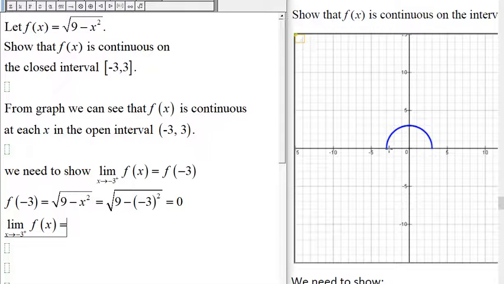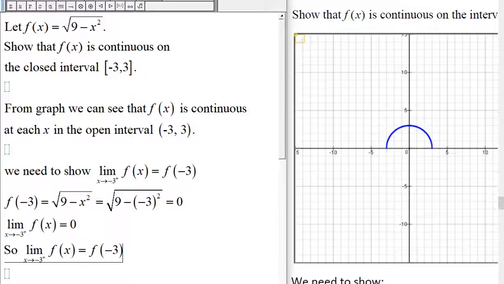And so if we take any of these numbers and put it in here, it'd be less than 9. Meaning as we get closer and closer to negative 3 from the right, this number will get closer and closer to 9, but smaller than 9. And therefore this quantity right here approaches 0. And so we have shown that the limit is equal to f of negative 3.